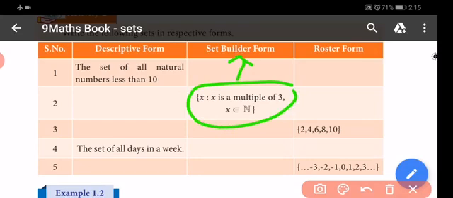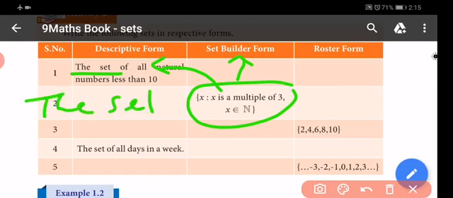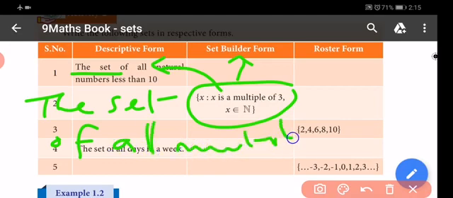We change this into descriptive form. So in descriptive form, how do you start? You start with the set of all multiples of 3. That's all. All multiples of 3. Only using statements. Okay.